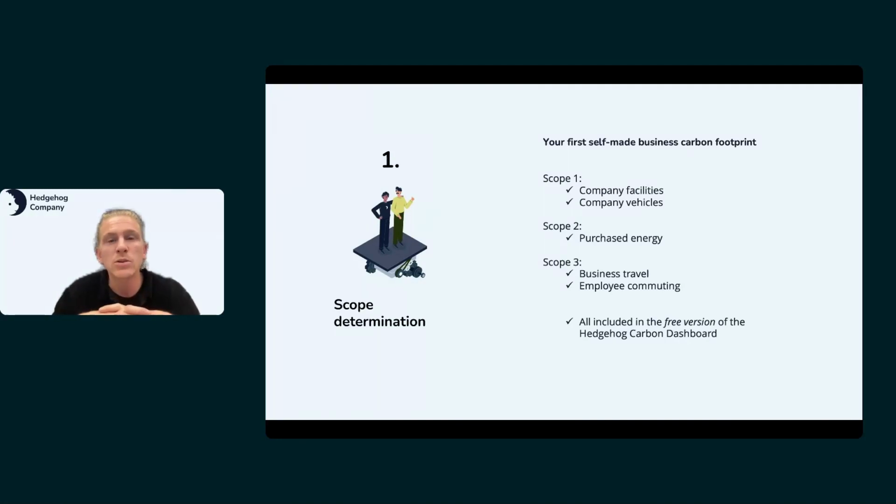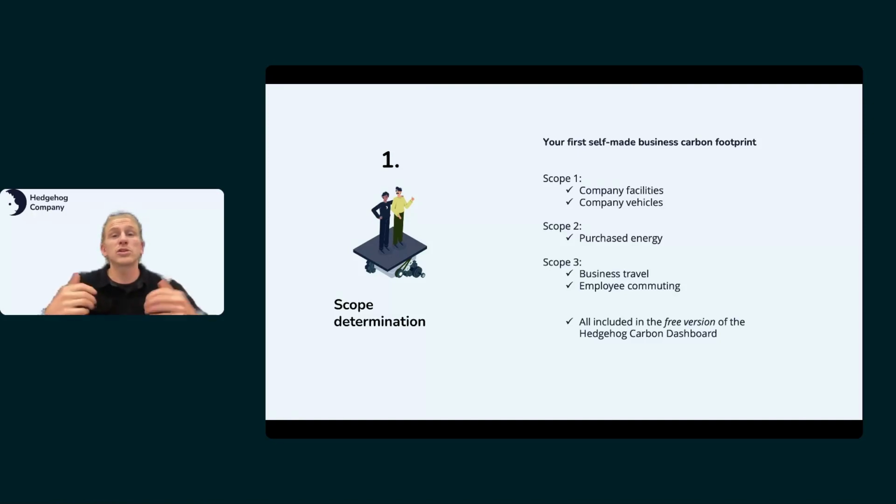So we are here, of course, to support you in your first self-made business carbon footprint with our Hedgehog Carbon Dashboard. And to facilitate this process, we have made a list of emission sources that everyone must include in his or her first business carbon footprint.